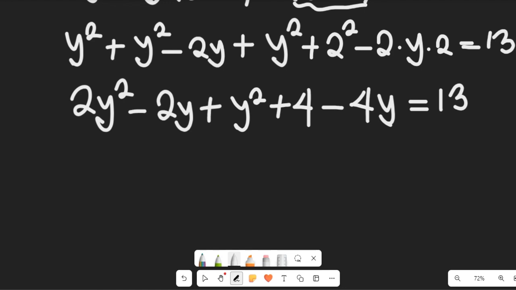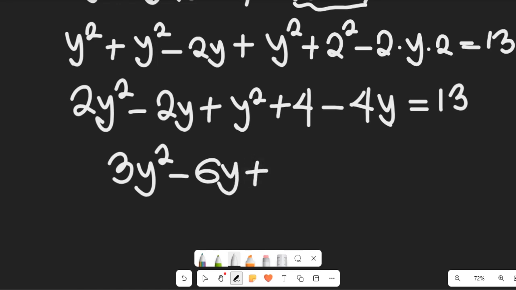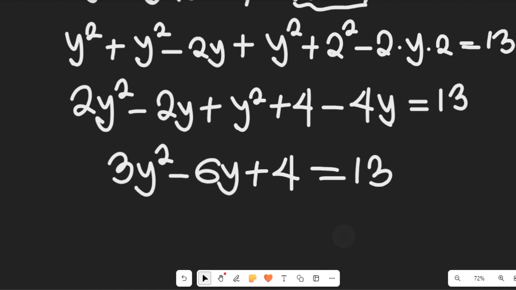So let's simplify from this point. y square and 2y square give us 3y square, right? We have negative 2y and negative 4y giving negative 6y, right? Then we have plus 4, and that will be equal to 13. Great. So from that expression, we can simplify further.